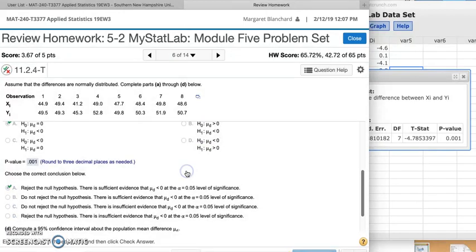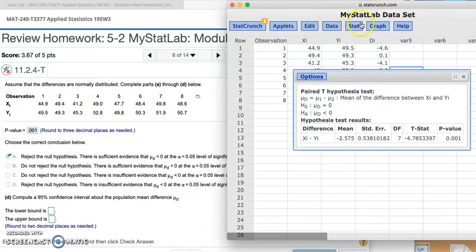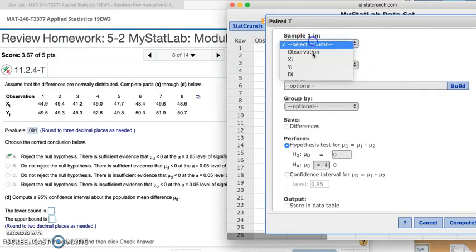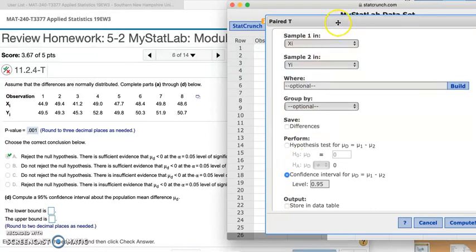Good job. All right, compute a 95% confidence interval about the population mean difference. So let's go back to StatCrunch. We're going to go to Stat. Again, we're in T-stats, still in paired. We're going to select our columns xi, yi. Now we're going to go down. Instead of doing the hypothesis test, we're going to check confidence interval.